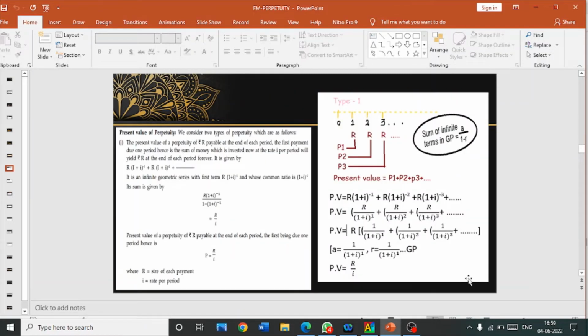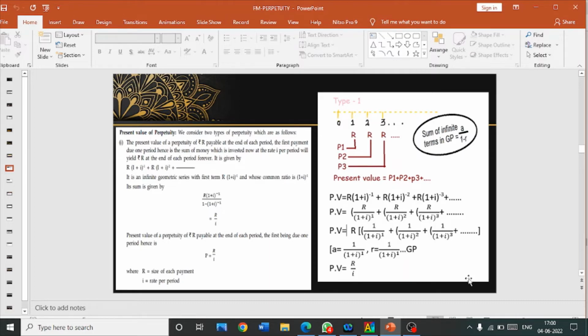Then how do we get a formula for the present value of the perpetuity? We know present value is cash flow by (1 + i). If your payable amount at the end of each period is rupees R, then R divided by (1 + i) is the present value.